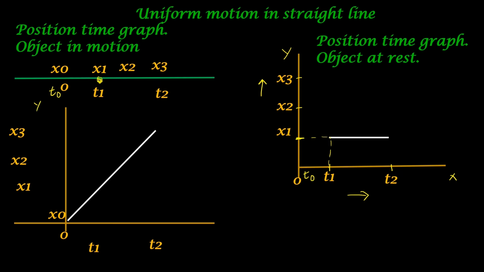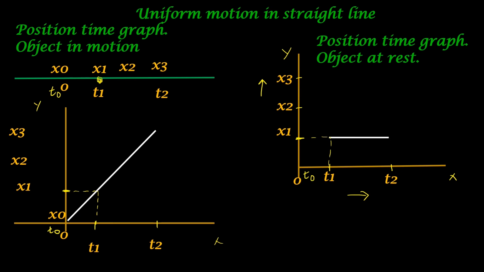This is the y-axis, this is the x-axis, this is t1, this is t2, this point is t0. At t0, the object is at x0. t0 is initial time and x0 is initial position. At t1, the object is at x1.